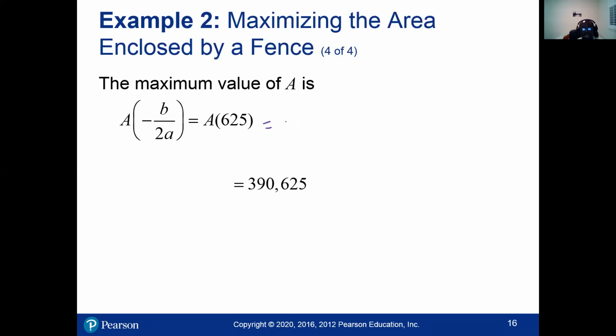We have minus x squared, so 625 all squared, then plus 125 times x, which is 625. Then when we evaluate this, we get 390,625. So in effect, what's the conclusion?